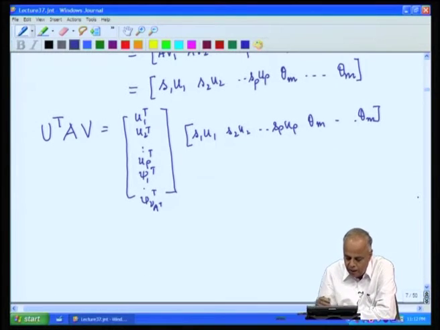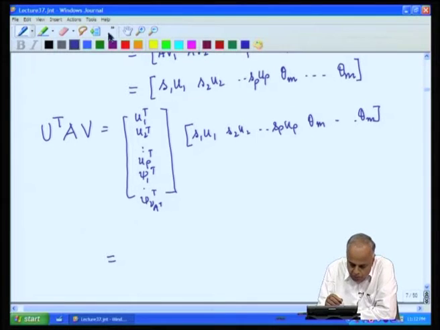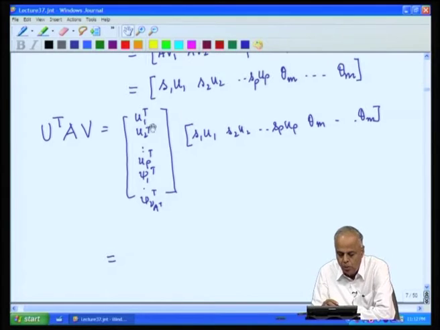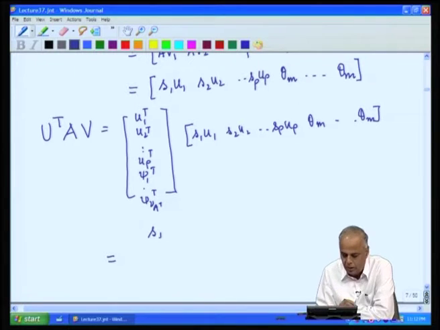Now, if you multiply, what do we get? First is U 1 transpose into U 1. U 1 transpose U 1 is 1, because these vectors are of length 1, all are orthonormal vectors. So, I will just get S 1. So, the first entry is S 1.